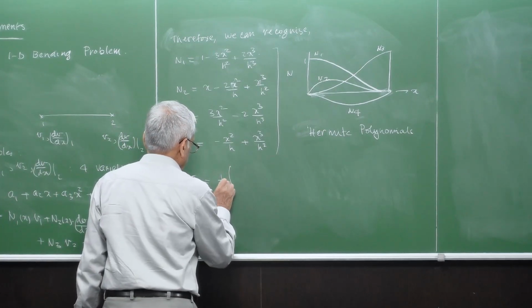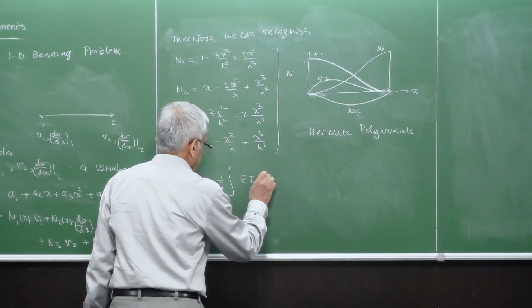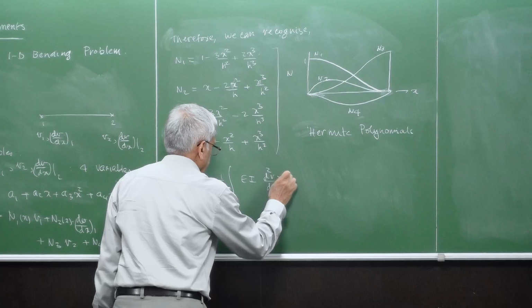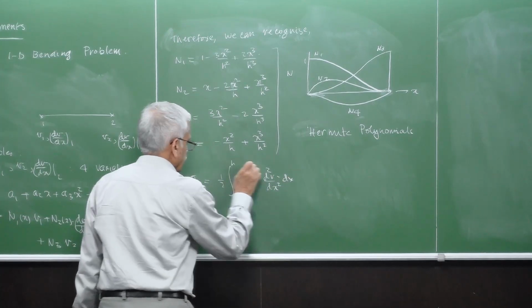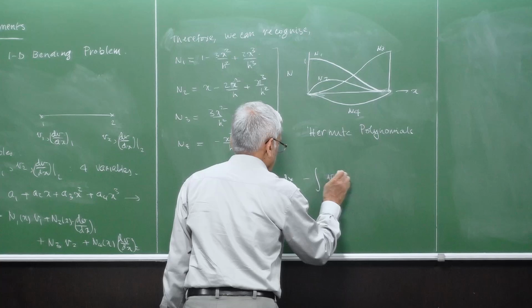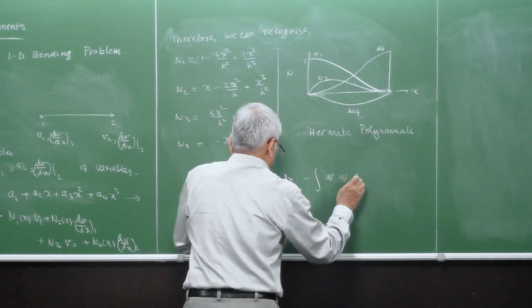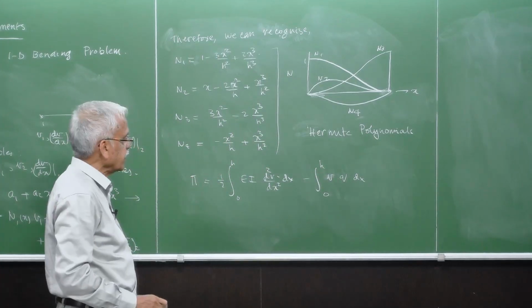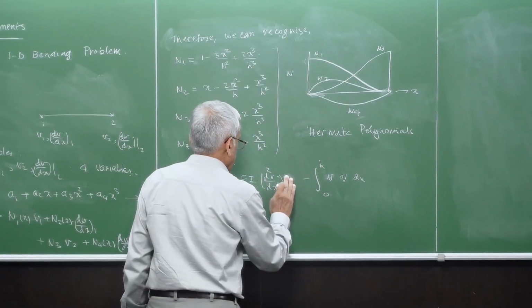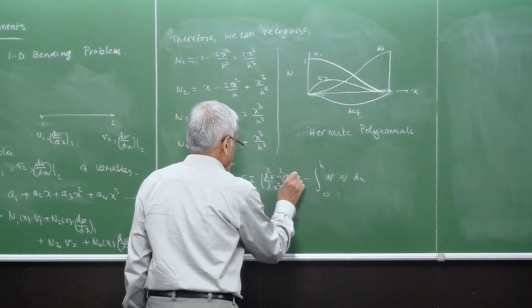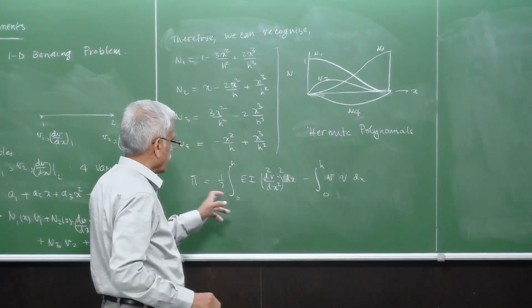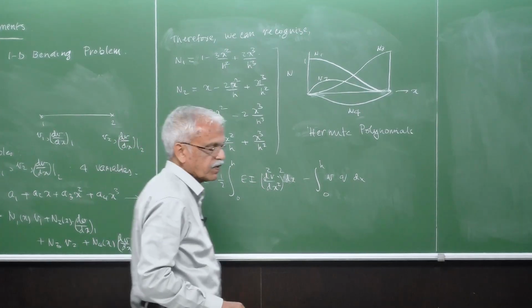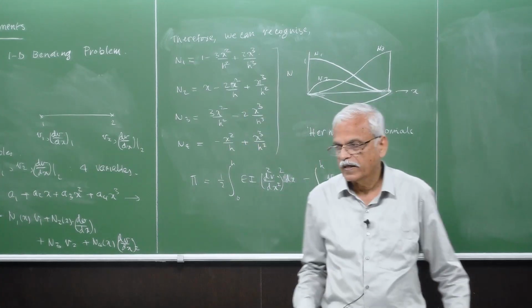So here, half integral of d square v by dx square, dx. So how do we get the stiffness matrix here? That means we have to calculate the d square v by dx square and then square it.